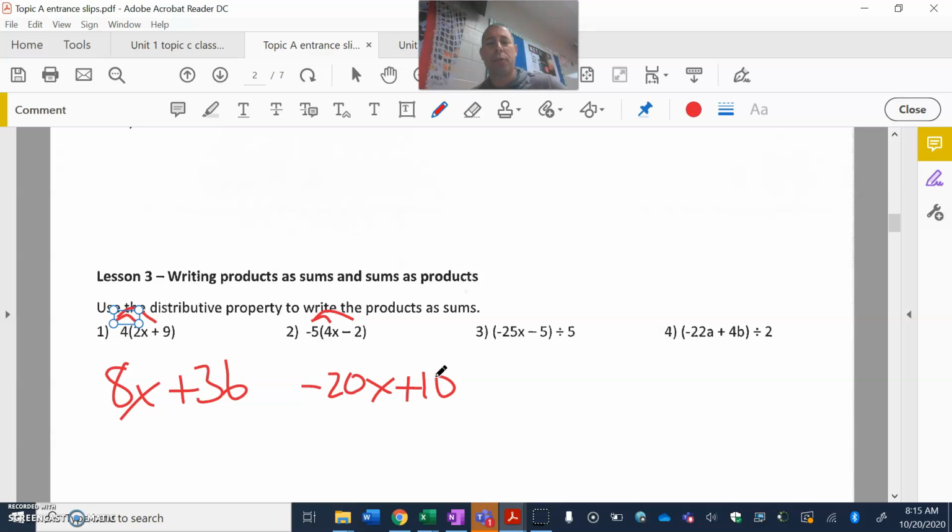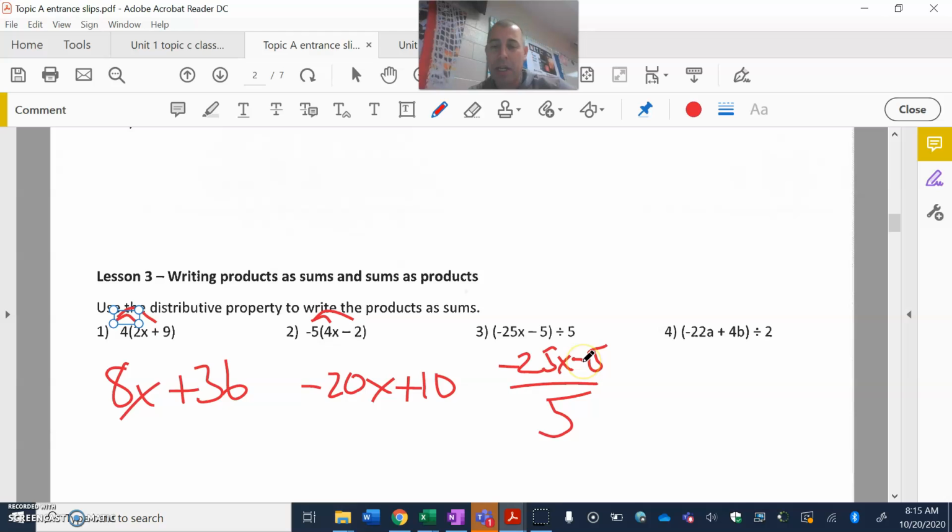Okay, so in question number 3, there's a few different approaches here, and so we do want to kind of show you the different varieties there. First of all, the parentheses. One of the things we've talked about is we typically don't see that division symbol. We use that fraction bar. And because all of this is inside parentheses, that tells me all of it is up in the numerator.